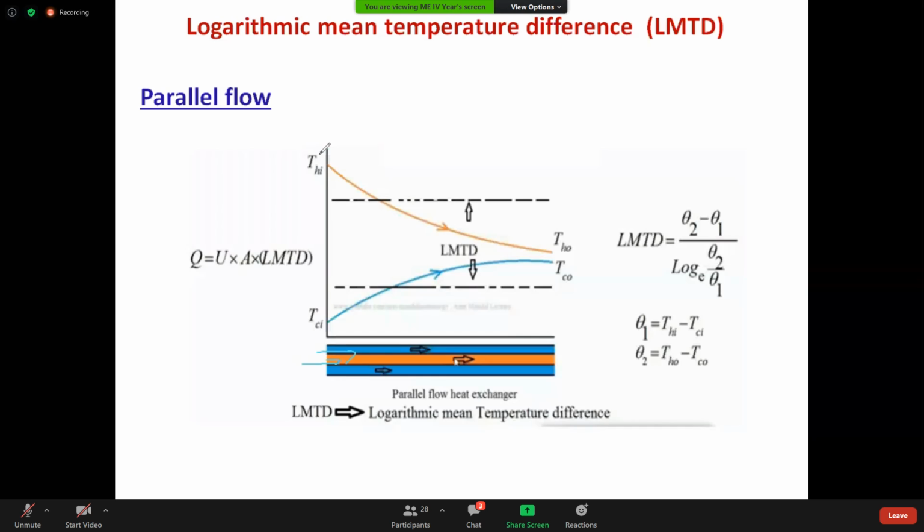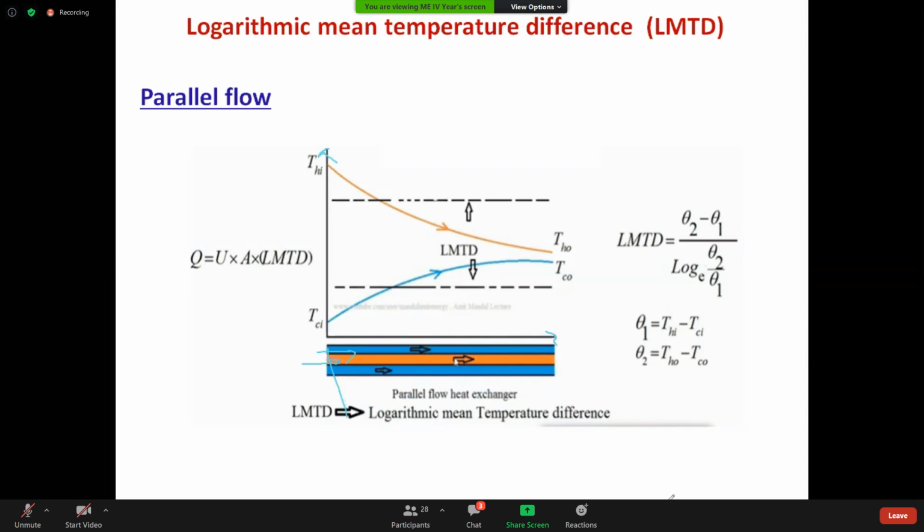You people definitely write this temperature-length diagram. This is the length of the heat exchanger. Throughout the length, how the temperature varies for the hot fluid as well as the cold fluid, that is important.